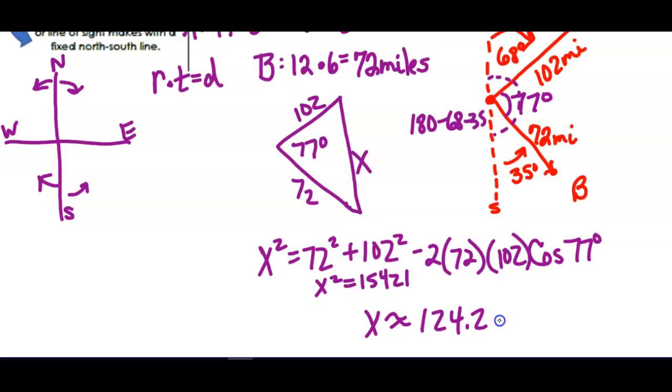Which is not what I have on my paper here. Let me type it one more time. I have all the numbers right. 72 squared, I wonder if I typed 120 somewhere on the other one, plus 102 squared minus 2 times 72 times 102, all times the cosine of 77.